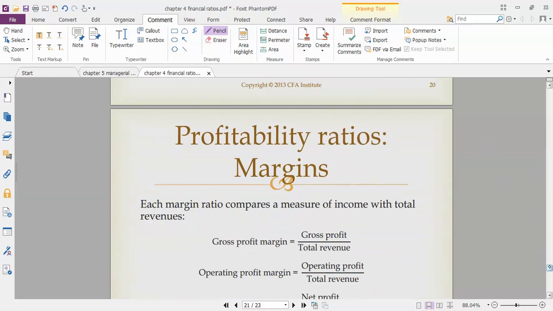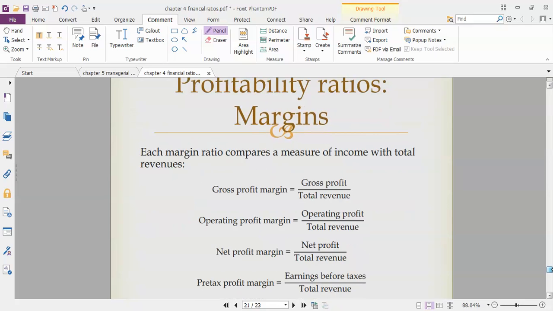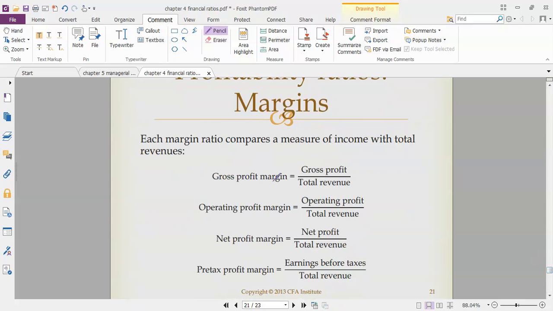So what are the types of profitability ratios that we calculate? The first one is the gross profit margin. Each margin ratio compares a measure of income. If we want to calculate the profitability ratio using the margin ratio, we must calculate each margin using the total revenue.